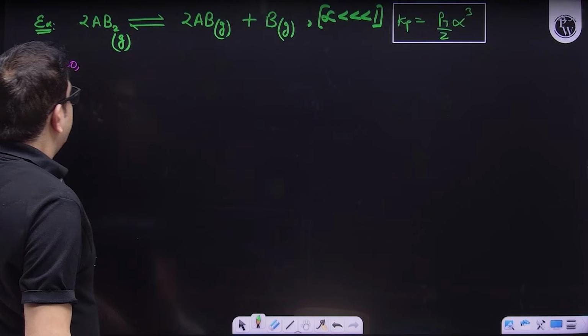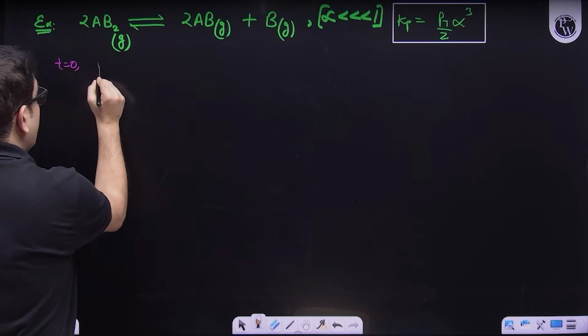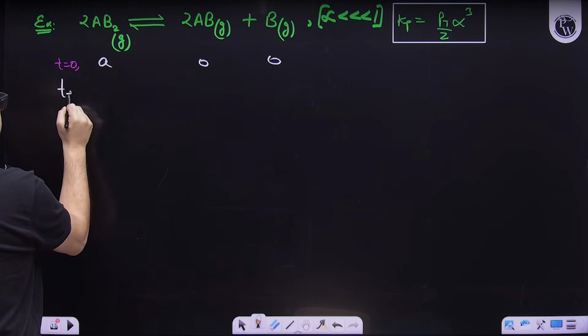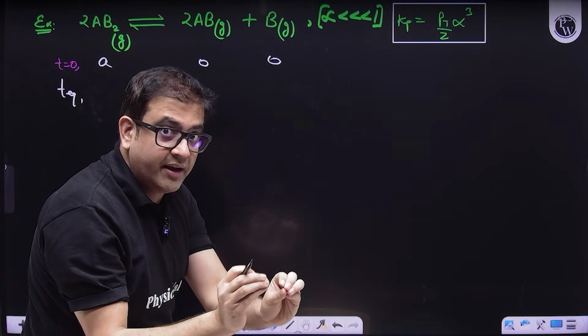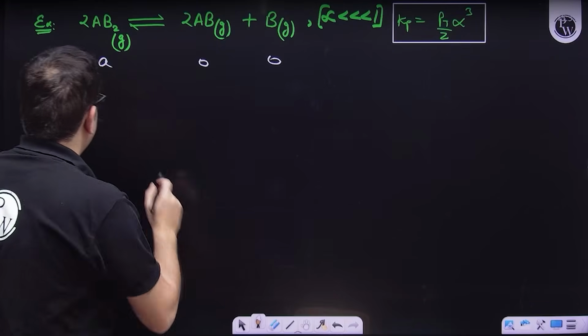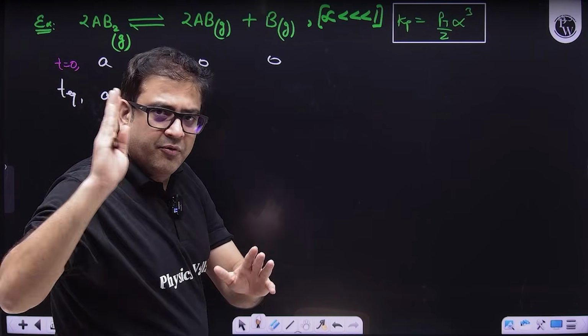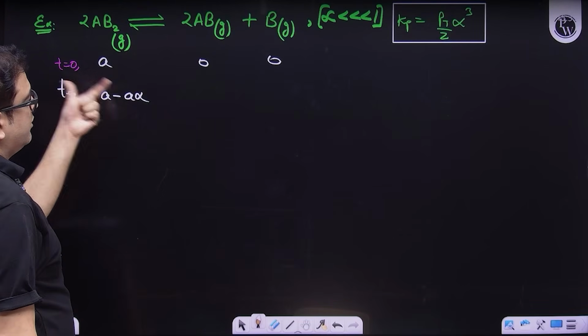Now, let's say again, A moles are taken, 0 and 0. At equilibrium, I told you, whatever the stoichiometry is, leave it. A you have taken, A alpha. So A minus A alpha, because you take alpha with respect to 1, you dissociate alpha. A minus A alpha, A alpha is dissociated.